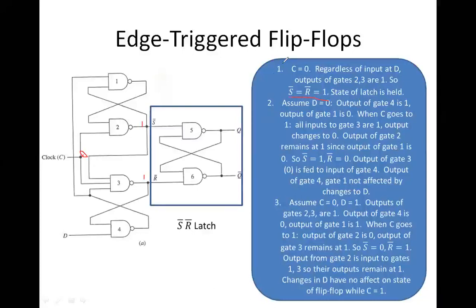Yes, sir. Fine. Now let's go to the next one. Assume D is equal to 0. So I put D is equal to 0. Since my D is equal to 0 here, anything into 0 is 0, so my value is going to be 1 here. So 1 is going to come here, and the same 1 is also going to come here. So 1 was already here, so this 1 will pass here. So 1 into 1 is going to be 1, which means the output of gate 1 is 0. Is it clear?